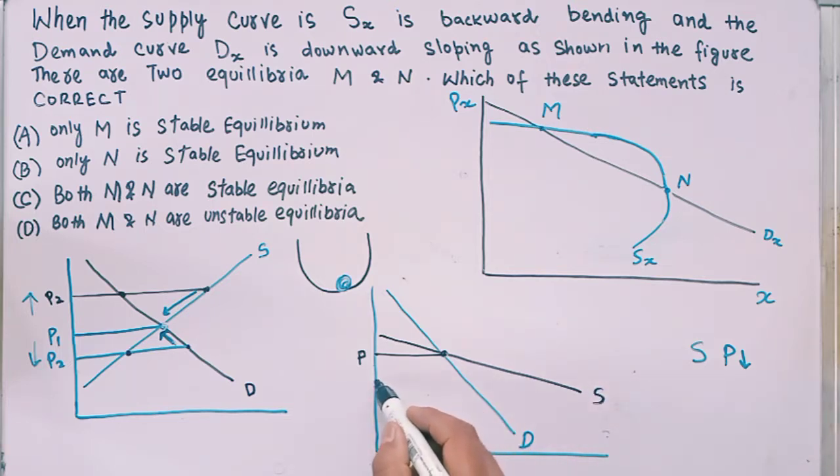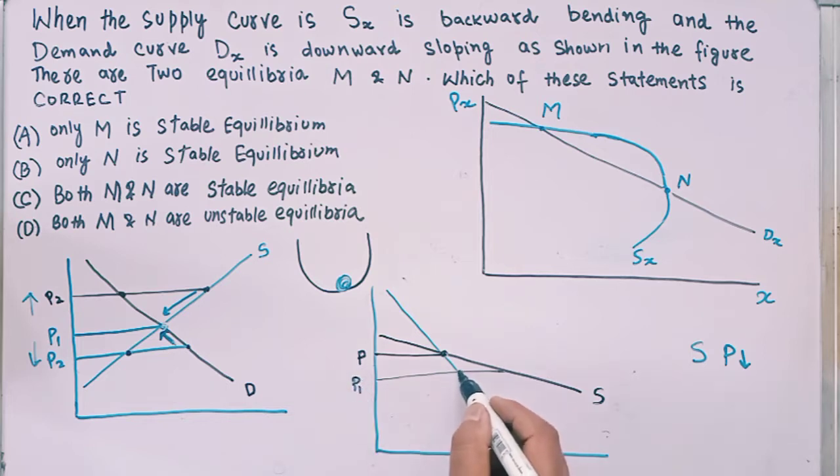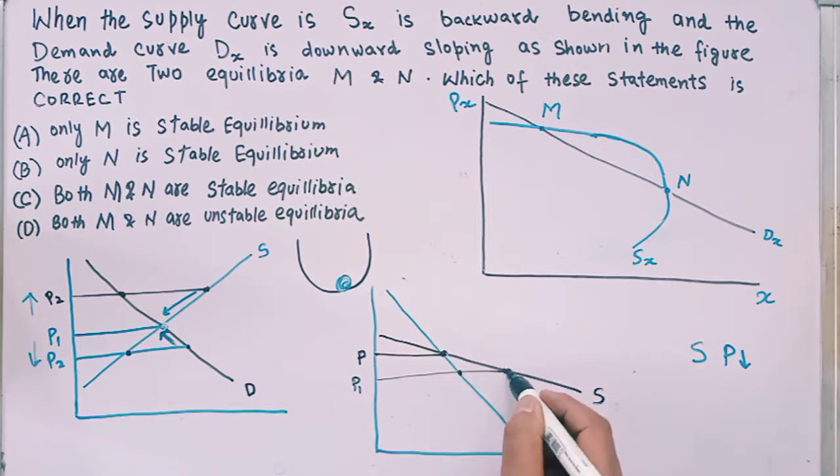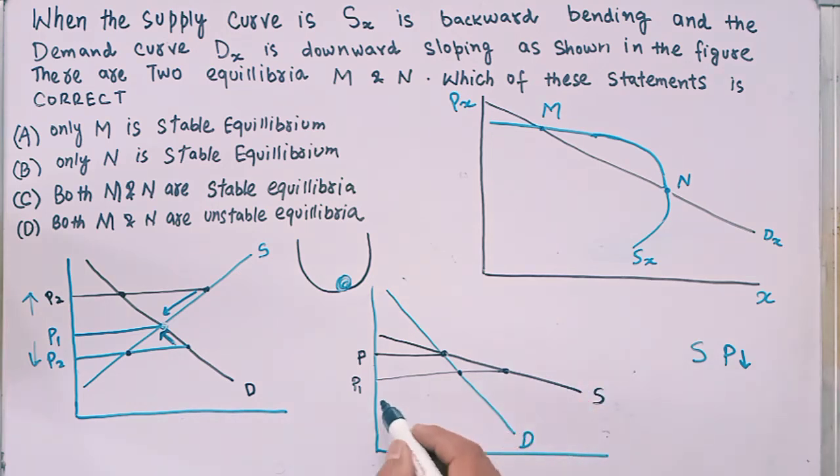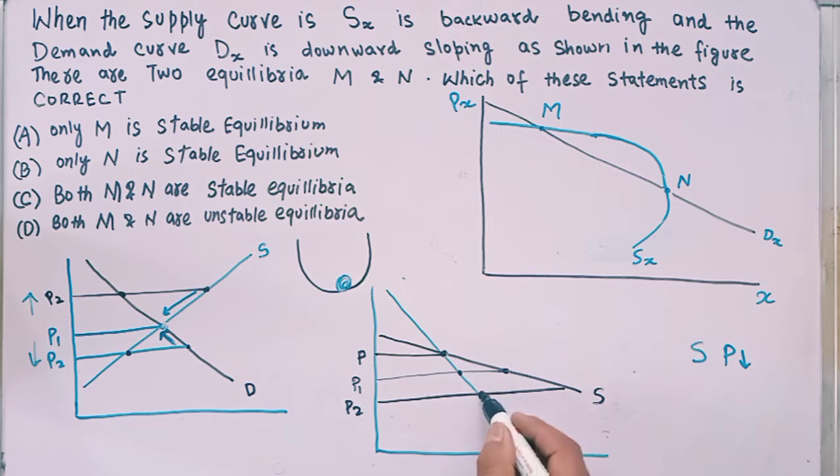If price goes down to P1, here you can see demand is less, supply is more. When supply is greater than demand, price will go down, so we will move away to a new position. Let us say price goes down to P2. Again demand is less, supply is more. Prices will go further down and we will not be able to reach this point. We are going away from the old equilibrium.